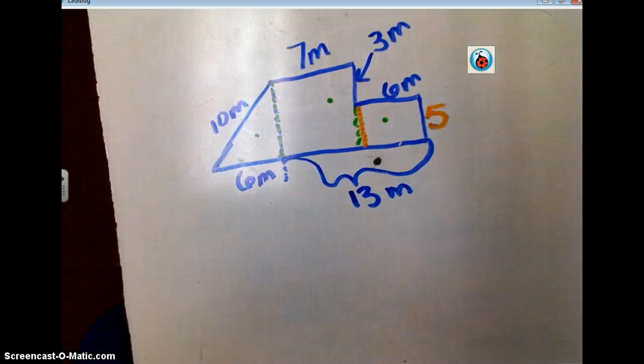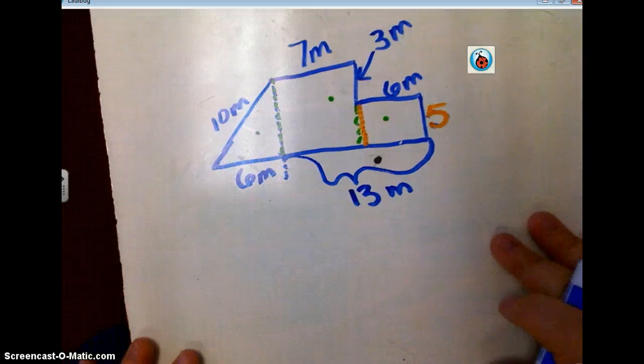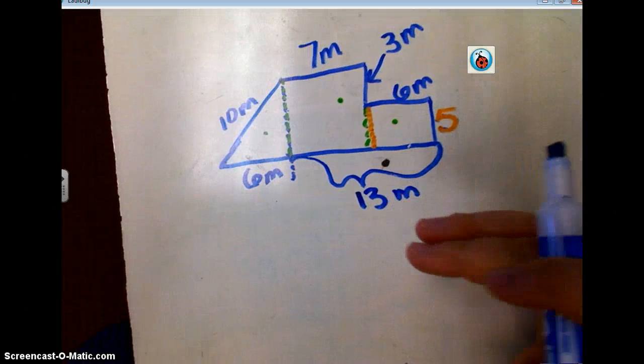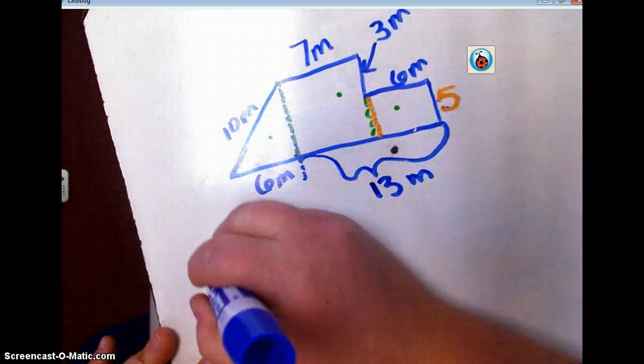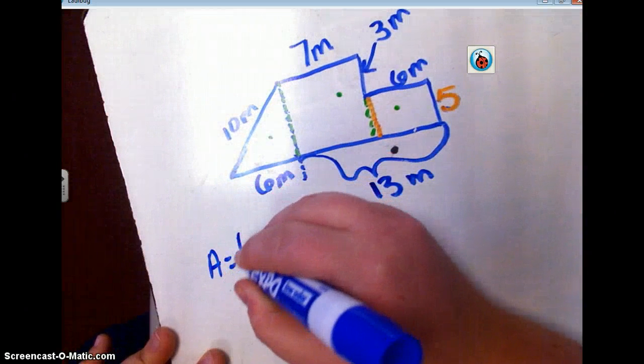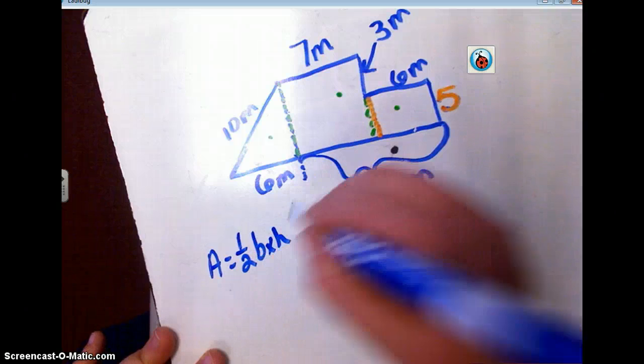I would say most of you probably remember the formula for a triangle, but probably not a trapezoid. Okay, so let's do the triangle first. My triangle says area of a triangle, 1/2 of my base times my height.